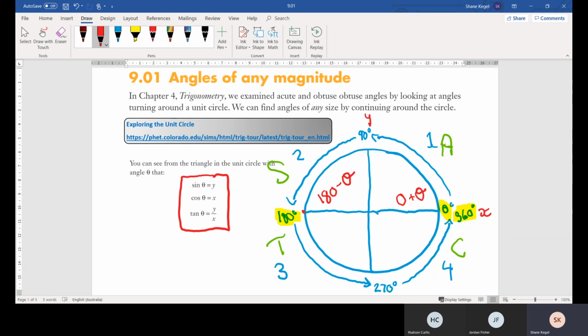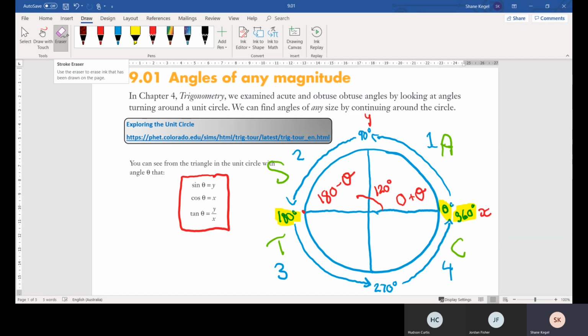Because if I had sine of 120 degrees, I'd know that the angle on the inside of my triangle would be 180 take theta, or 180 take 120, which would give me my 60 degrees. So essentially, sine of 120 degrees is going to equal the same amount as sine of 60 degrees.